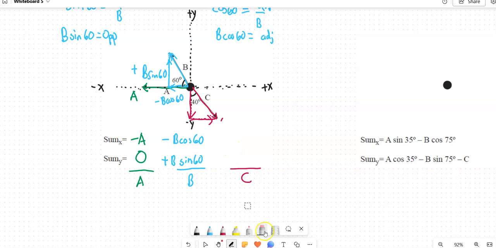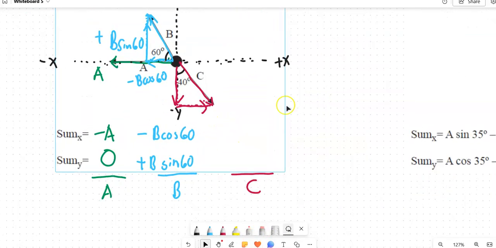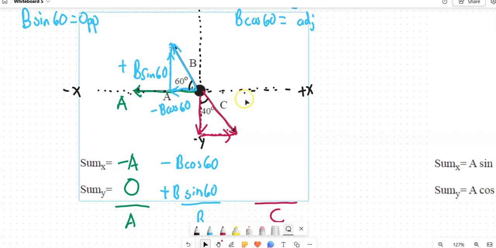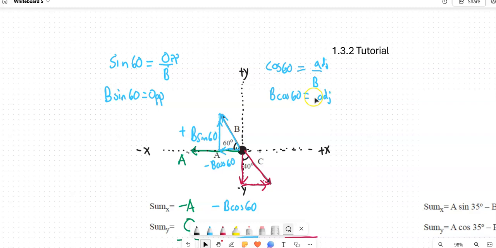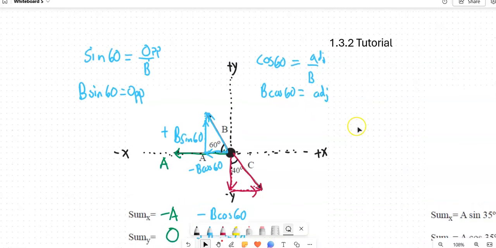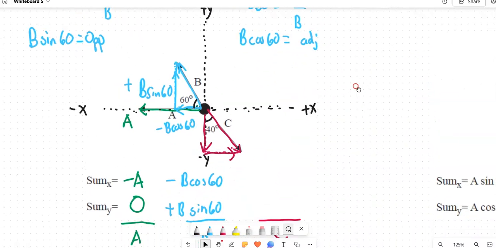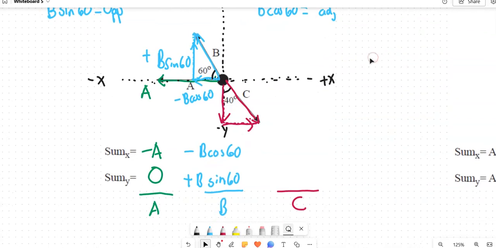Now let's start labeling these vectors. Okay, so now it always goes, as from what we learned up here, hypotenuse sine of theta is associated with the opposite side, and hypotenuse cosine of theta is related to the adjacent side. Now, can you spot the adjacent side, the adjacent to the angle 40 degrees?